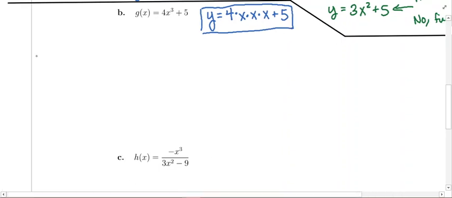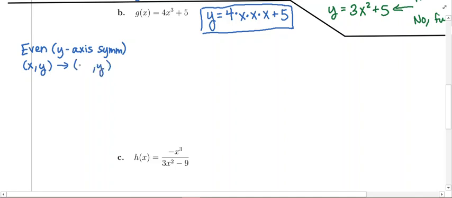All right, let's first test to see if this function is even. If it's even, it's going to have y-axis symmetry. If you recall the test for y-axis symmetry, if you start with a point x, y, we're going to have y stay put, and we're going to replace each instance of x with negative x.